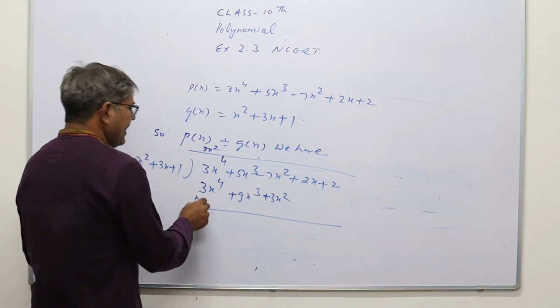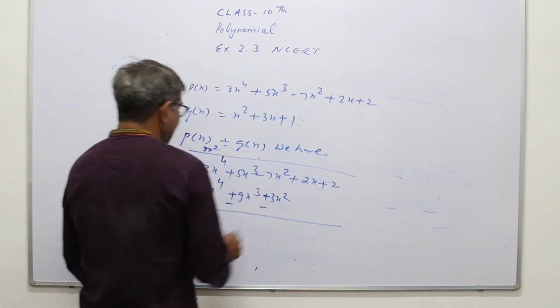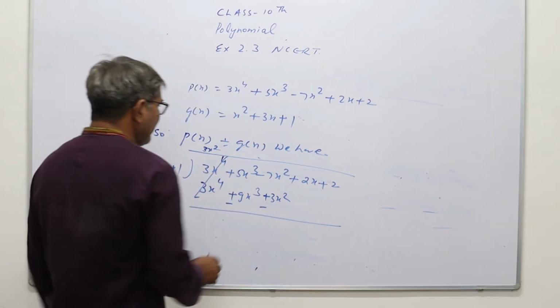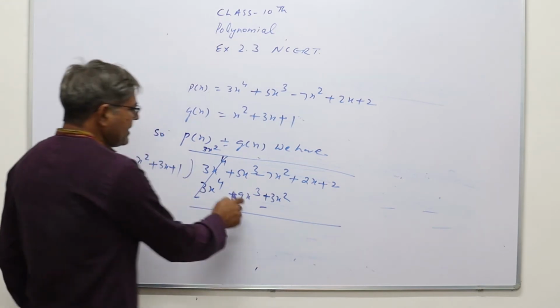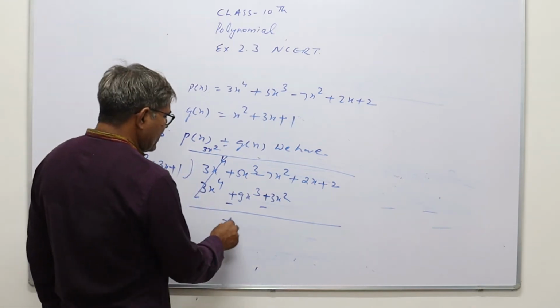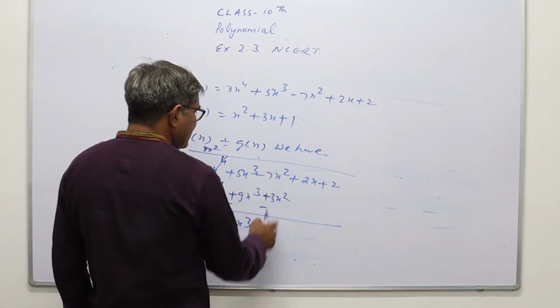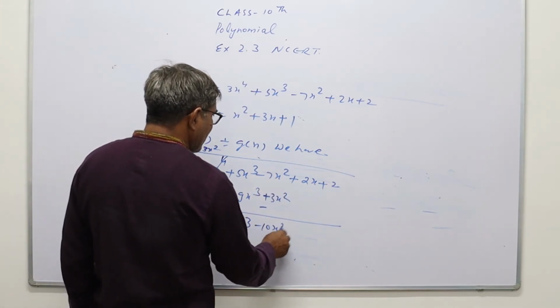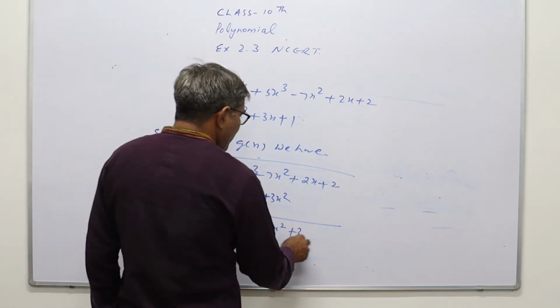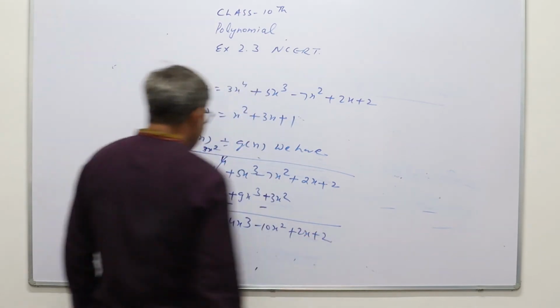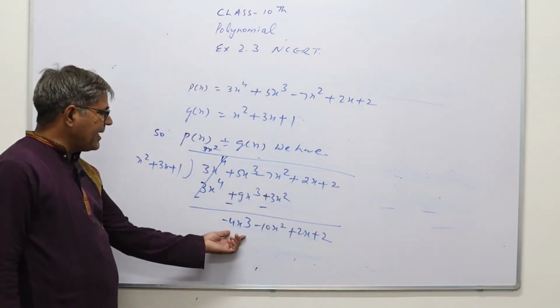On subtracting, minus minus minus, so it will be cancelled out. 5x cube minus 9x cube, that is minus 4x cube, and minus 7x square minus 3x square, minus 10x square, plus 2x plus 2. See again the highest degree term, minus 4x cube.